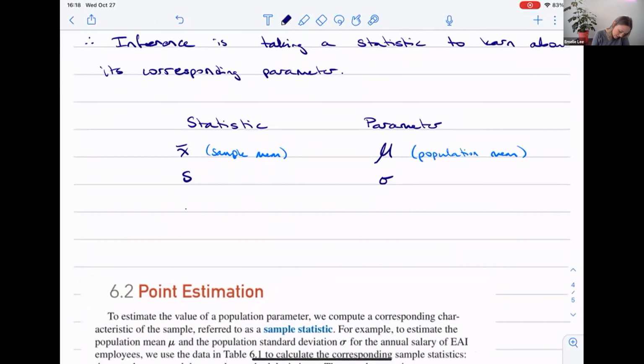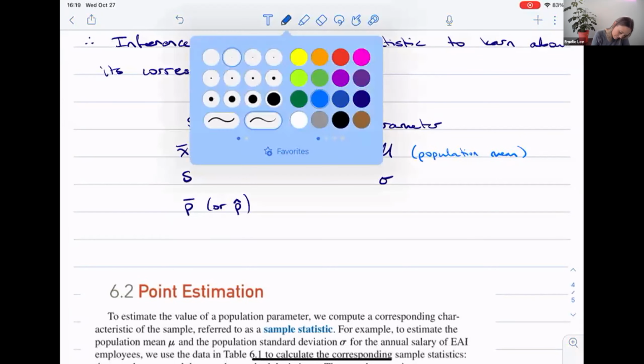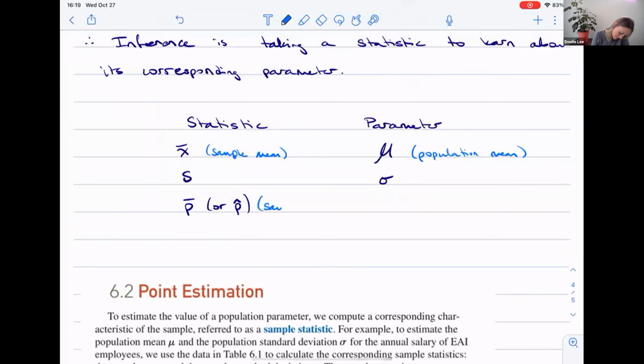And in this textbook, they use p hat, or sorry, p bar. It feels so weird. I typically use p hat, not p bar, but this textbook seems to like p bar, and that's the sample proportion. For me, anything with a bar over it is a mean, but I guess not. So this here is the sample proportion.